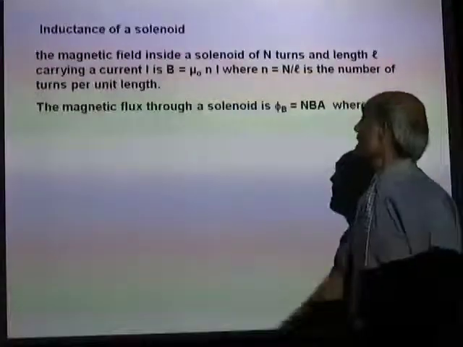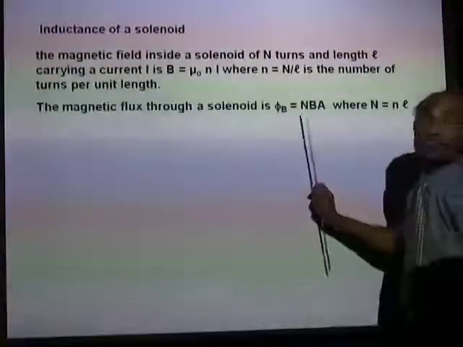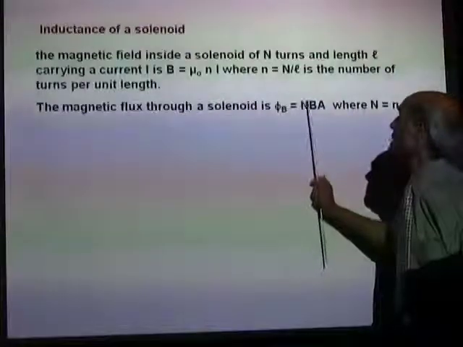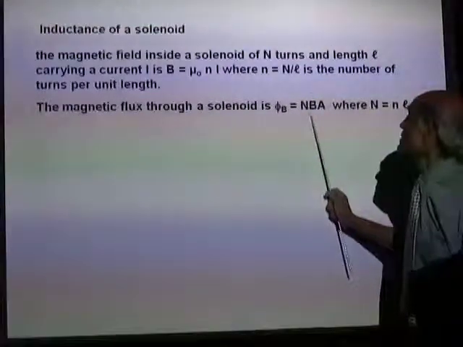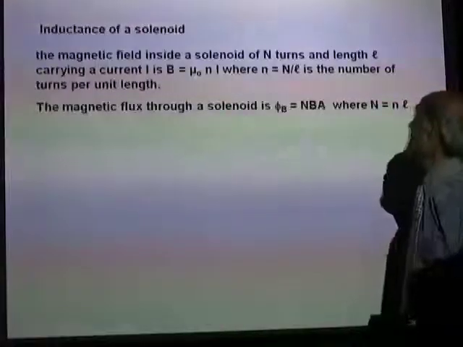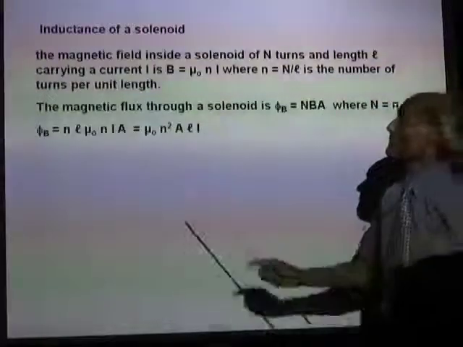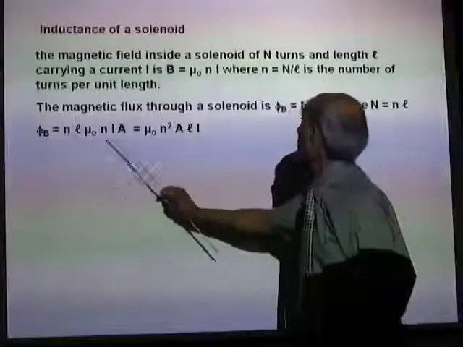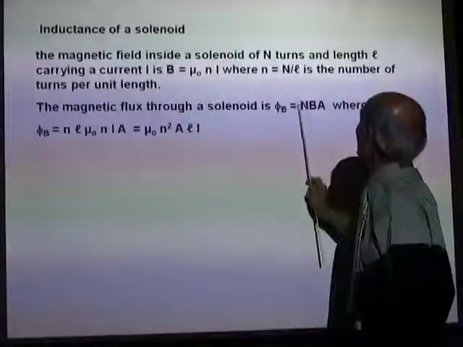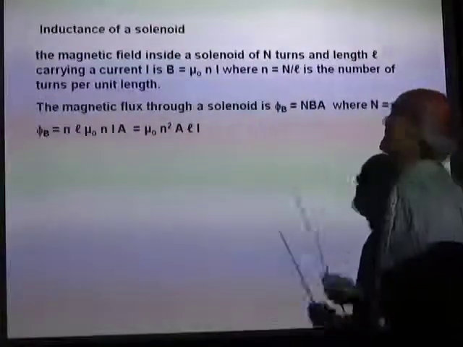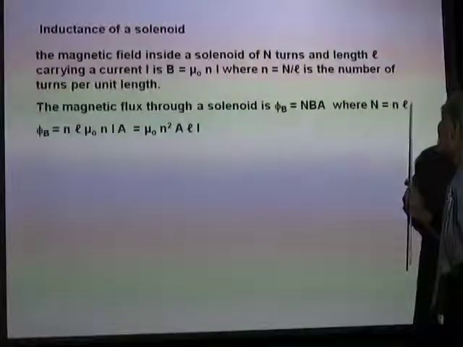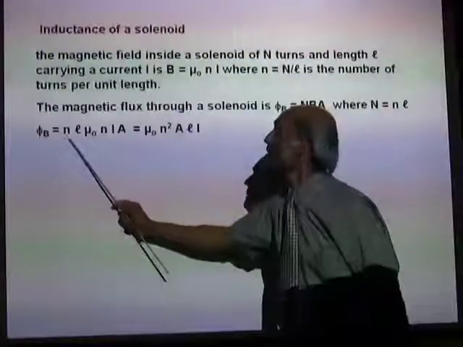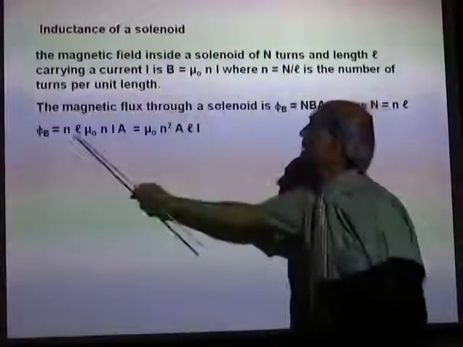The magnetic flux through a solenoid is, again you know that, phi B equals N B A, number of turns times the magnetic field times the area. And this N can be replaced by n l, number of turns per unit length times the length. So we replace the uppercase N by n l.